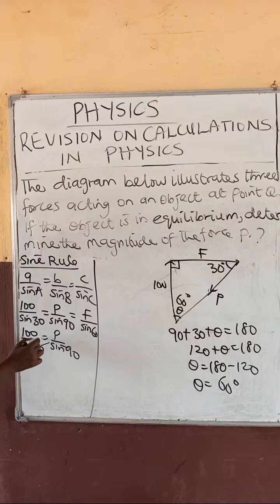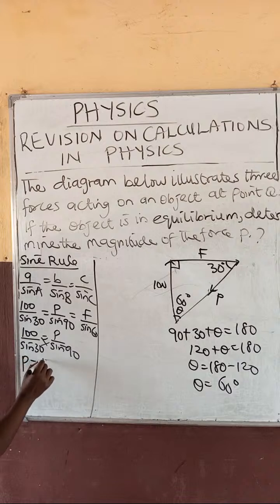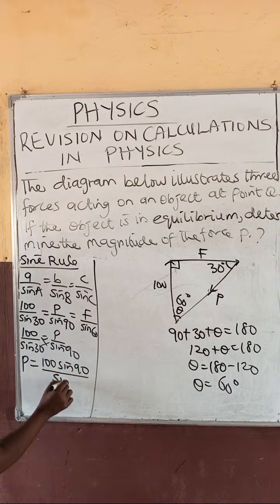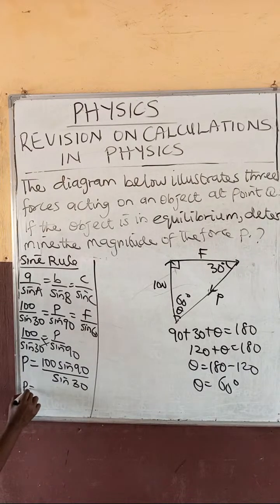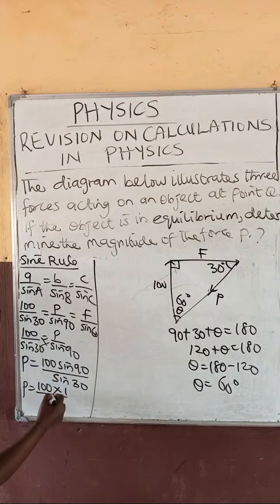Then I do cross multiply, saying that P is equal to 10 sine 90 divided by sine 30. Now, sine 90 is 1, while sine 30 is 0.5.